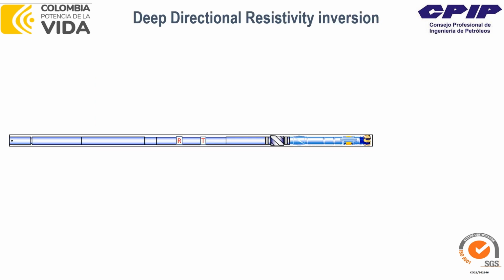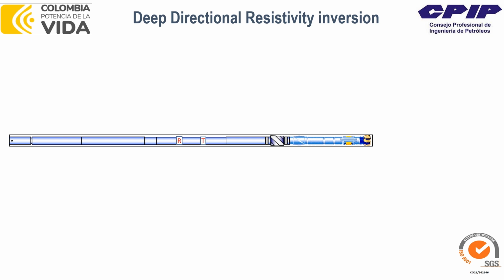The principle of these deep directional resistivity tools is based on propagation resistivity physics. The propagation resistivity tools have already been in the market for many decades. Normally they operate at a frequency of about 400 kilohertz up to 2 megahertz, and they have a depth of investigation of slightly more than 45 inches, so maybe around 1 meter.